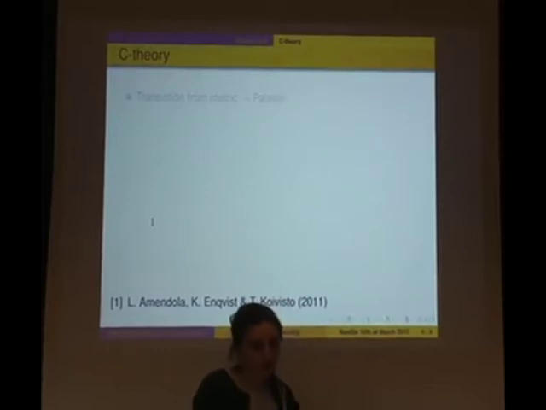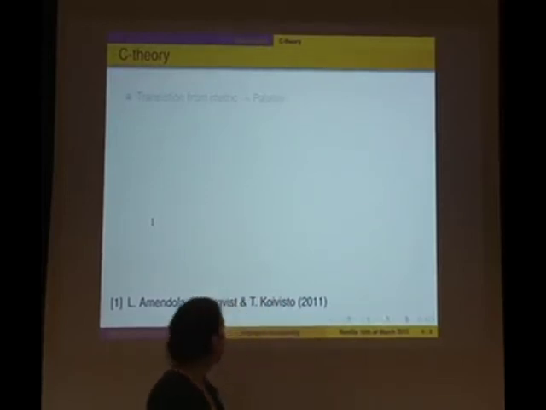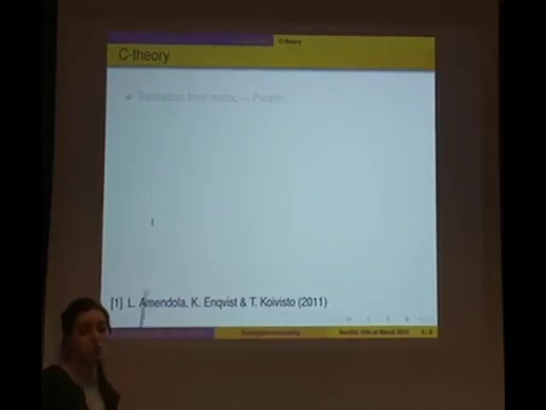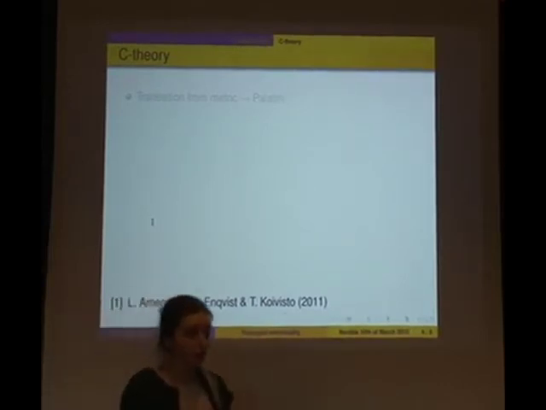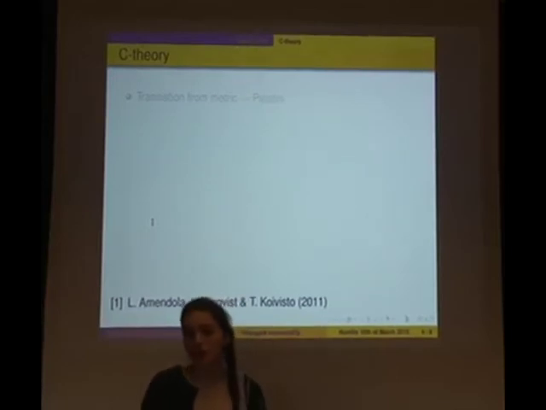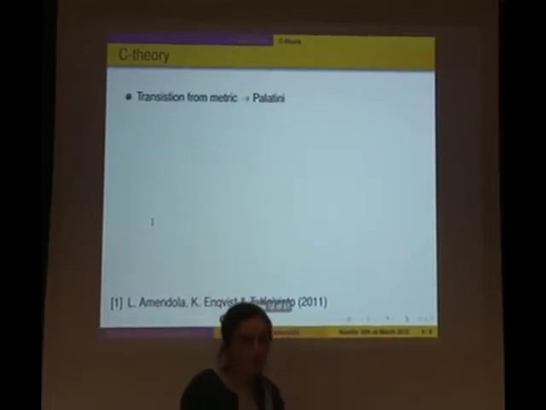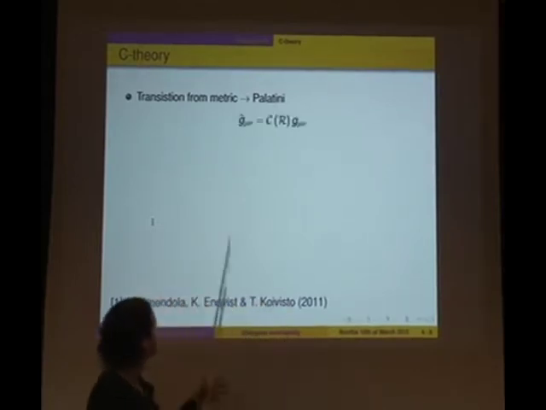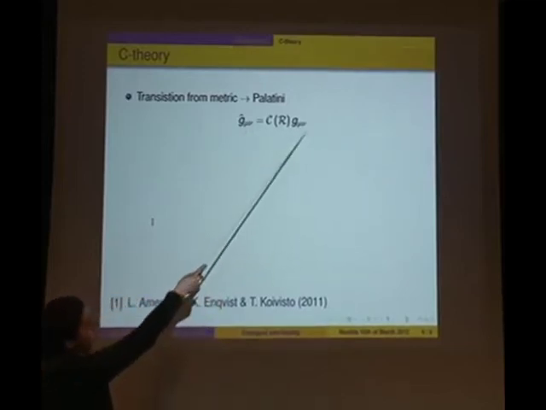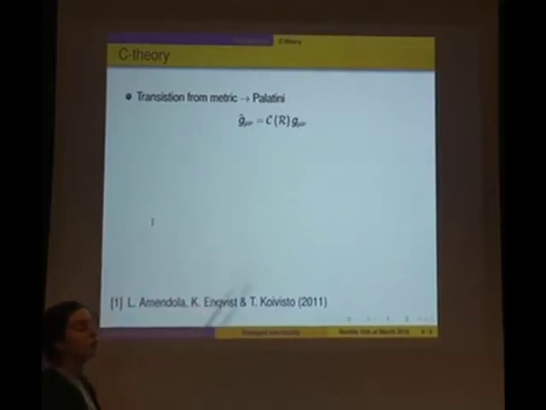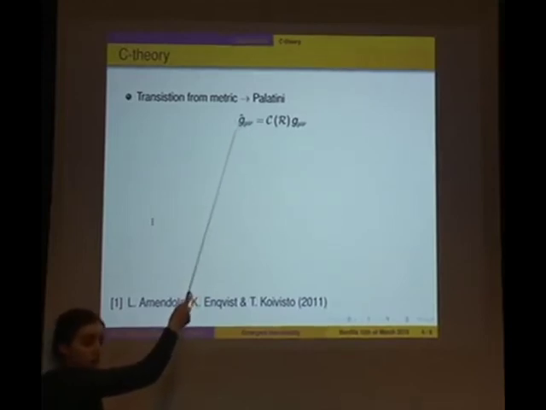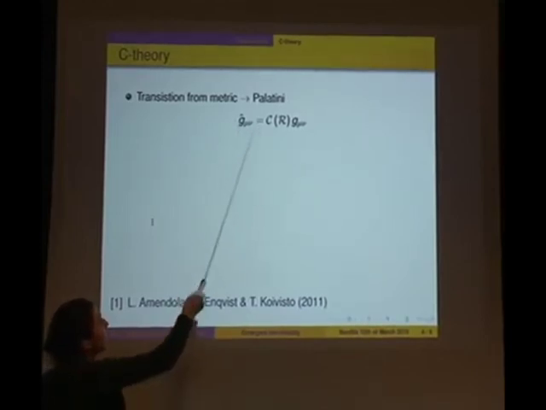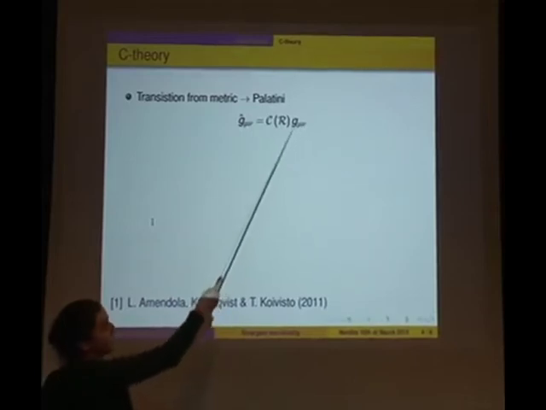So C theory is a theory that was proposed by Amendola, Kainulainen and Tommy, in order to make a framework in which you have a transition between these types of variational principles. What you define is your usual metric g_mu nu, and then you define a hatted metric, which is related to g_mu nu in this way.